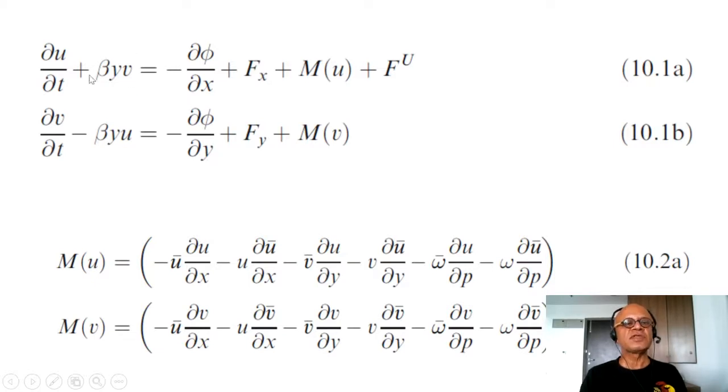So you start with the momentum equations for the zonal and meridional direction. You have the acceleration terms, you have the Coriolis term, you have the pressure gradient term, you have the forcing terms, or you can think of them as also frictional terms depending on where you are.